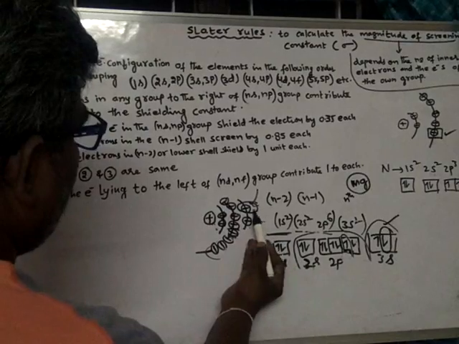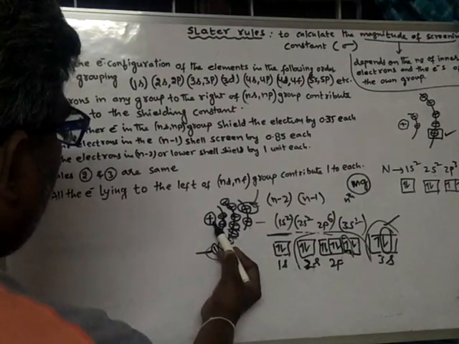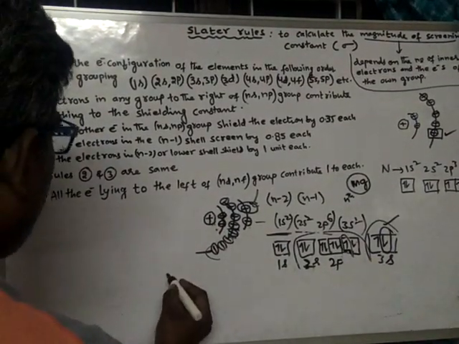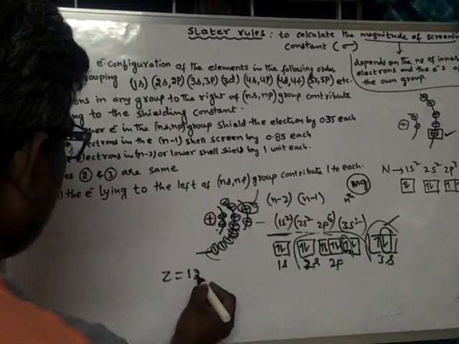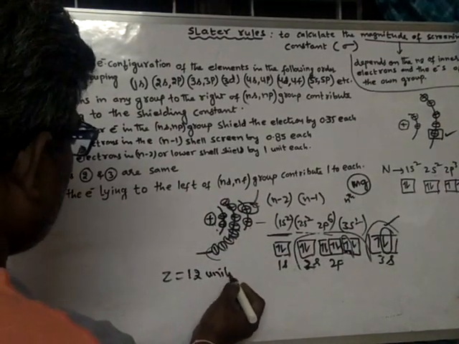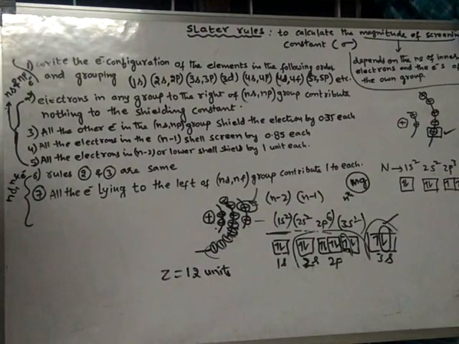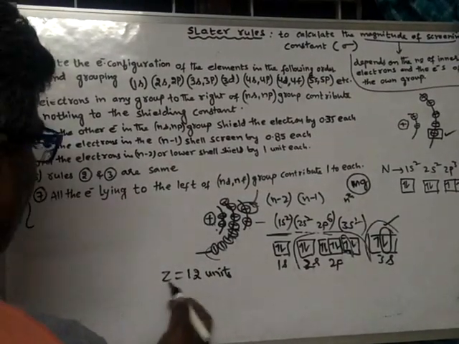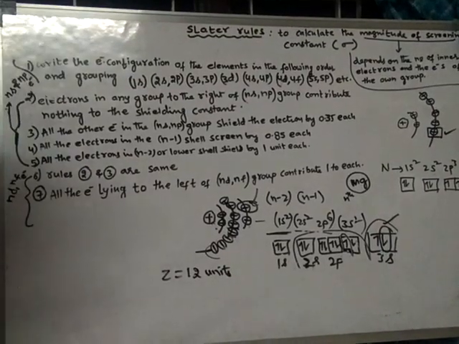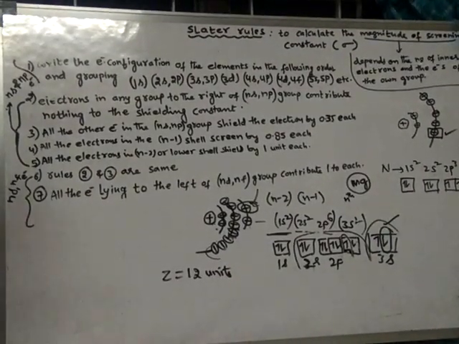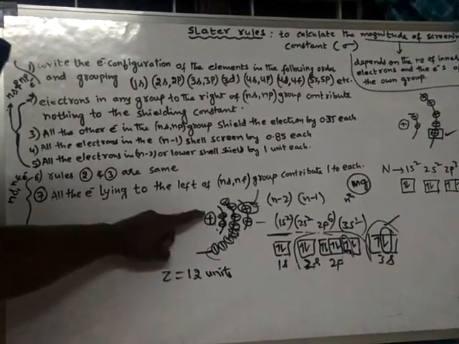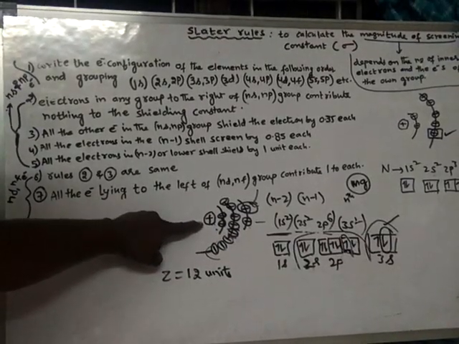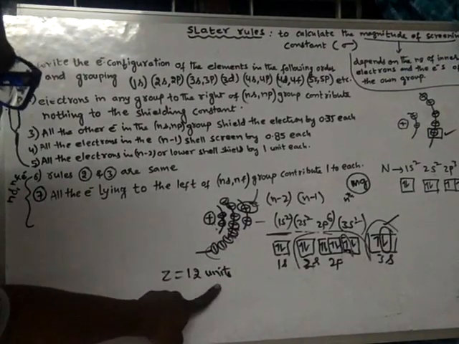Okay, this electron is attracted by the nucleus by how much force? By a force of Z equal to 12 units, because magnesium's atomic number is 12. It contains 12 positive charges. So the force of attraction is 12 units. The actual force of attraction shown by the nucleus on this electron is 12 units.